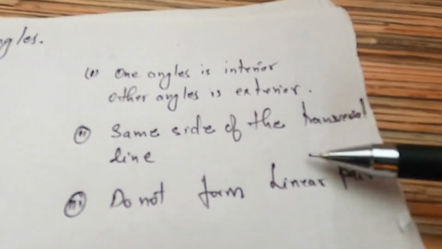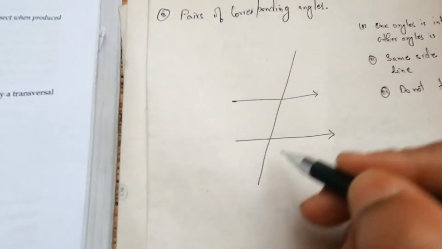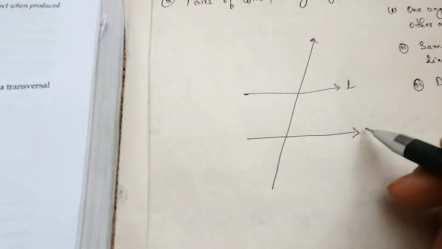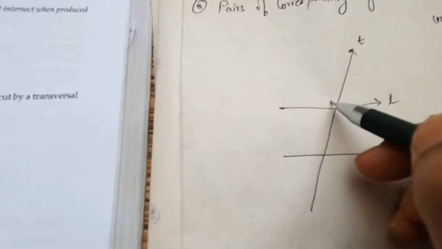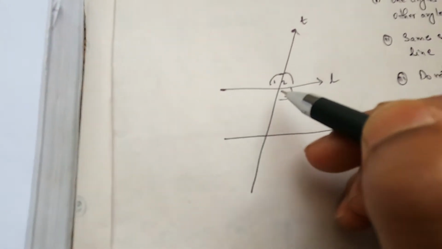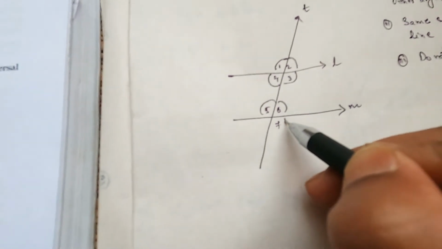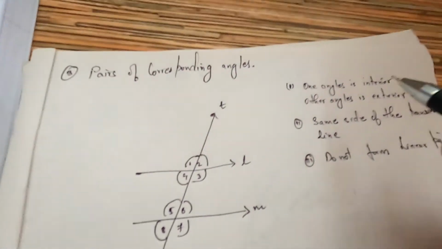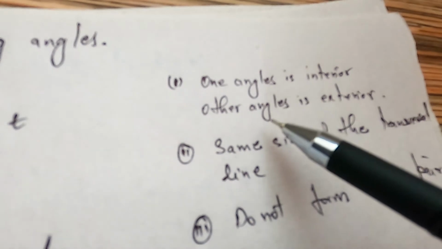So let us use these three conditions to find out which are the corresponding angles. So we have two parallel lines L and M, and T is a transversal line. So we know that they form 8 angles: 1, 2, 3, 4, 5, 6, 7 and 8. All right, now the first condition, one angle is interior, the other angle is exterior.